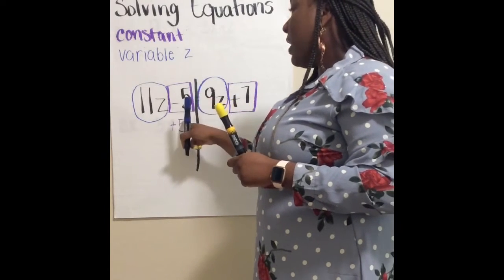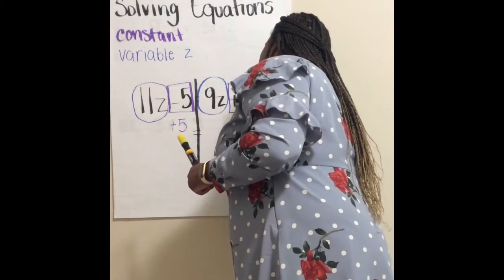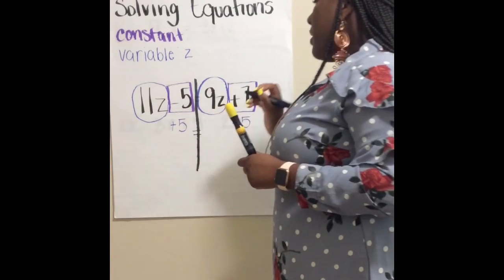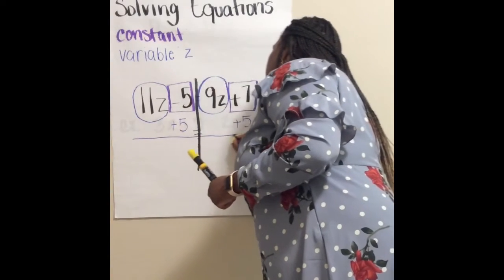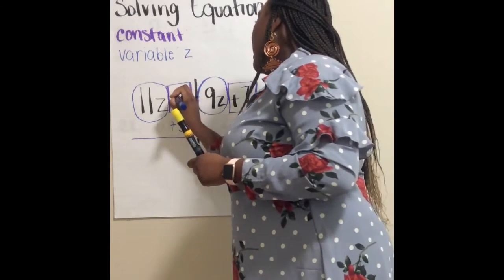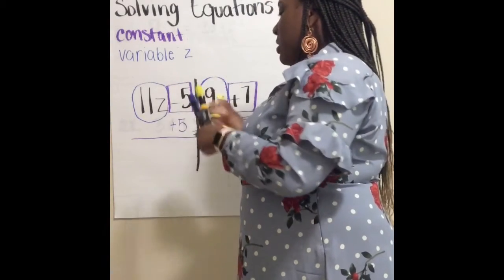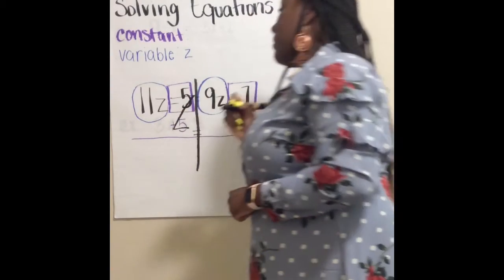So we added +5 to this constant, we're going to add +5 to this constant, right? So now, draw your line. -5 + 5 cancels out. Because it cancels out, we're going to draw a big Z because it canceled, okay?